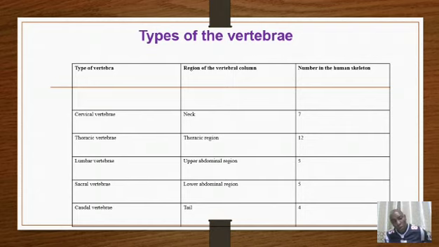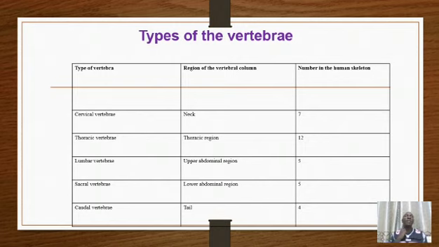And we have the caudal that are found in the tail, in organisms with a tail. We shall see that even early man had a tail, but lost the tail during the course of its life. But there are 5 different types of vertebrae: cervical in the neck, thoracic in the thoracic region, lumbar in the upper abdomen, sacral in the lower abdomen, and caudal that are found within the tail.